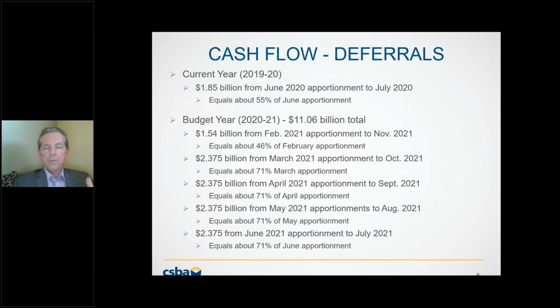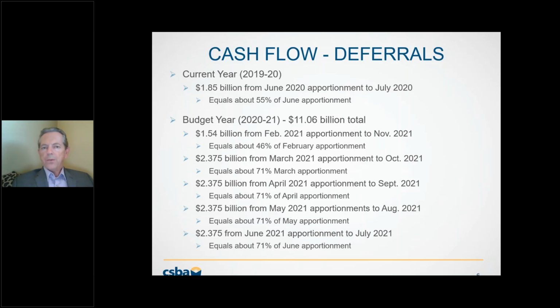Starting at budget year 2020-2021, about $11 billion in deferrals. Those deferrals start in February, and the earlier the deferral, the longer the wait to get paid. We have another chart to show you kind of in pictures what this looks like, but almost half of the February apportionment gets deferred until November of next year.